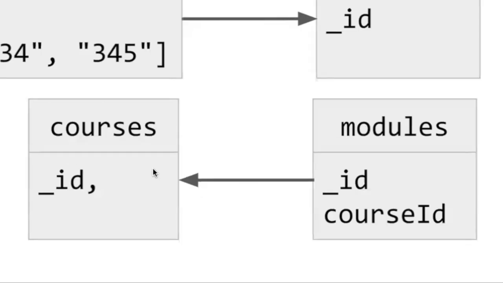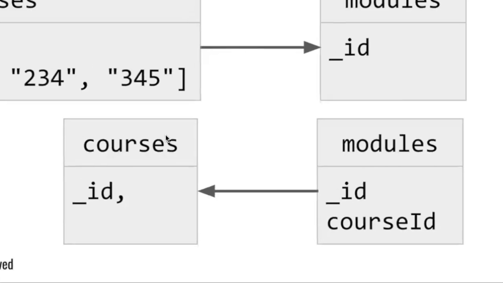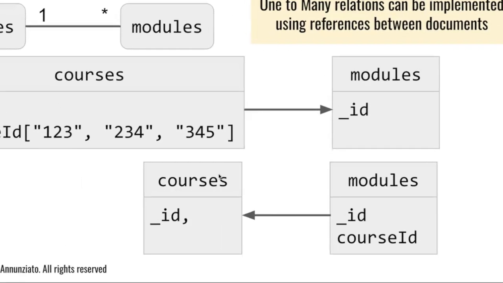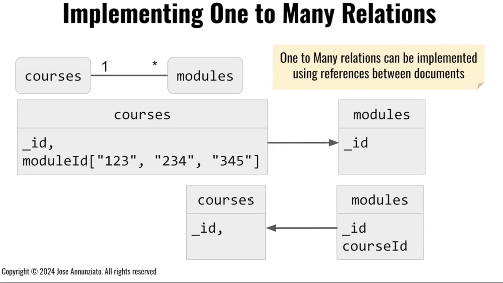But because we're now using non-relational databases, we're not stuck with this only option. Instead, there are a couple of other options that we could consider.